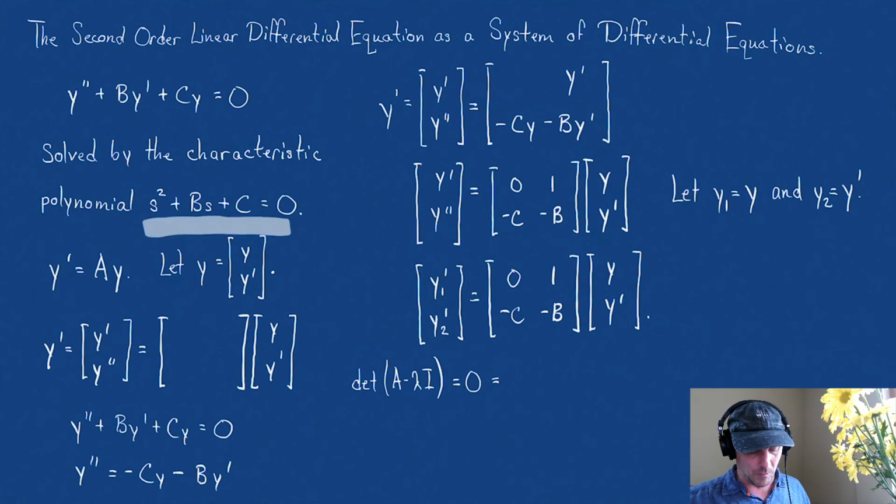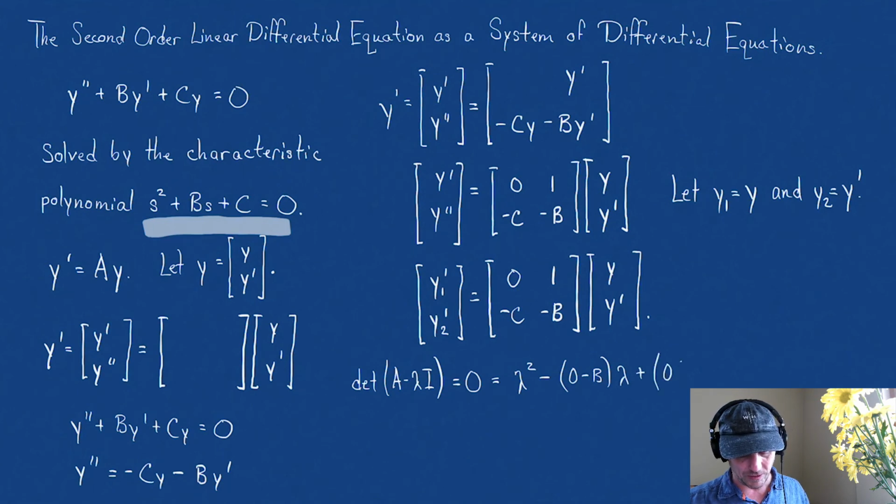Well, remember the determinant of A minus lambda I is lambda squared minus the trace times lambda plus the determinant. Well, the trace in this case is minus b. And the determinant is 0 times negative b minus negative c times 1.